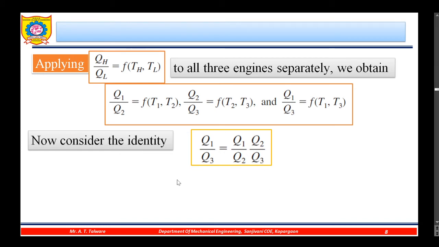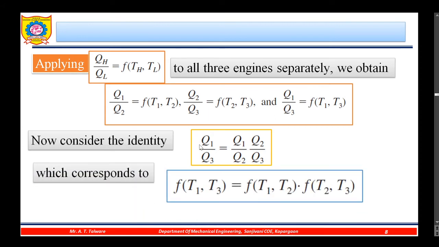So here we have written Q1 by Q3 in terms of Q1, Q2 and Q3. Q2 gets cancelled, so that Q1 by Q3, which is a function of T1 and T3, is equal to the function of T1 and T2, Q1 by Q2, into the function of T2 and T3, Q2 by Q3.